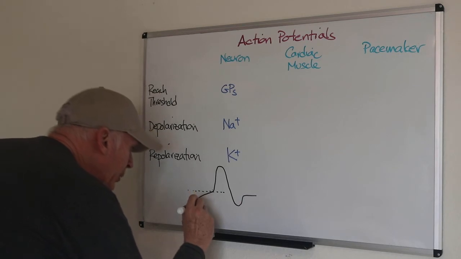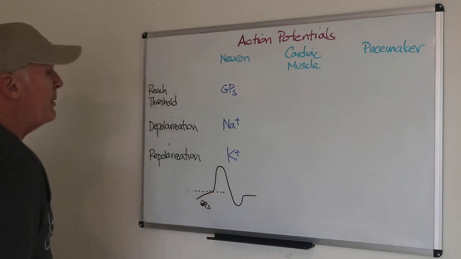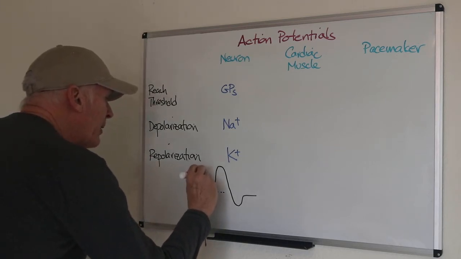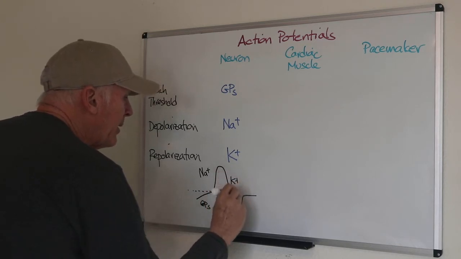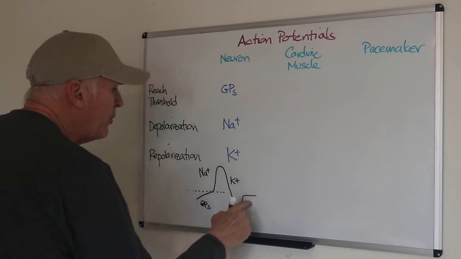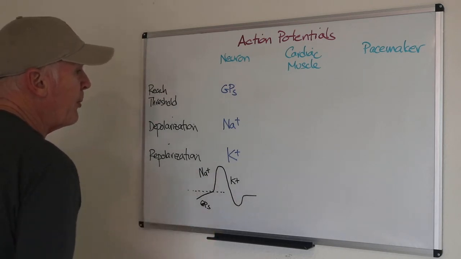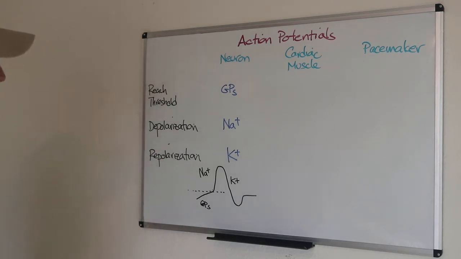So here we have the graded potentials bringing us to threshold. Then we opened the sodium channels, and then here we opened potassium channels. And then remember, how did we ever get back to normal again? The sodium-potassium pump restored all the proper ion concentrations. So that was how a neuron worked. You learned that in Bio 201.